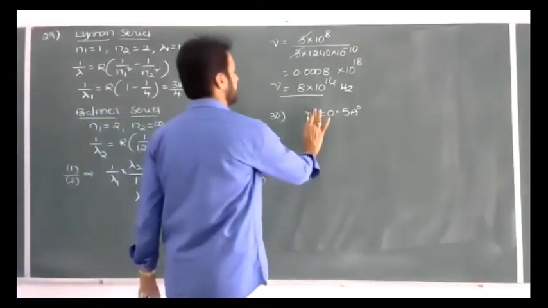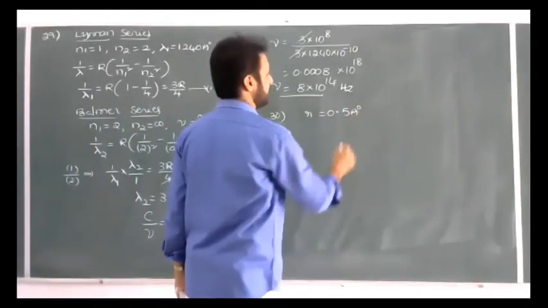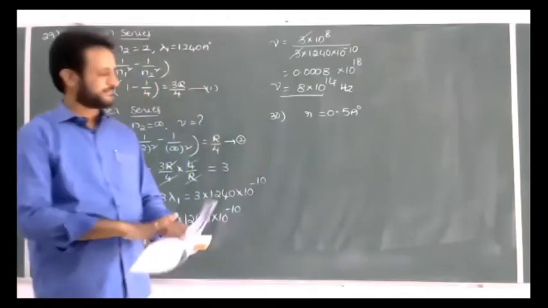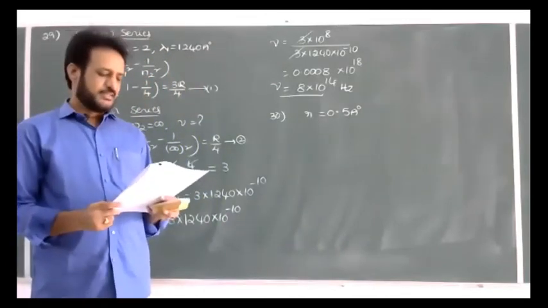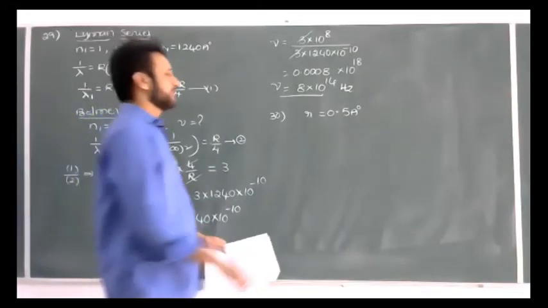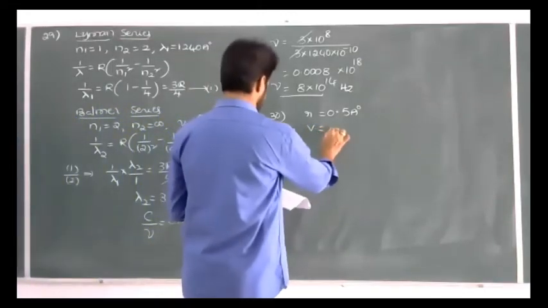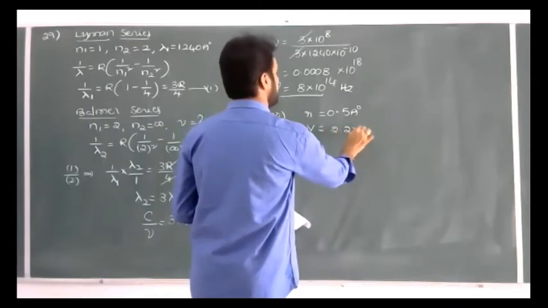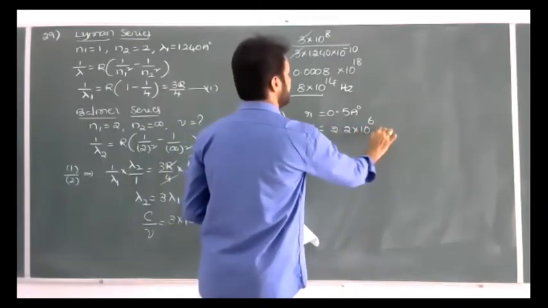The radius of the first orbit of a hydrogen atom is 0.5 angstrom, and the speed of the electron in it is 2.2 into 10 power 6 meter per second.